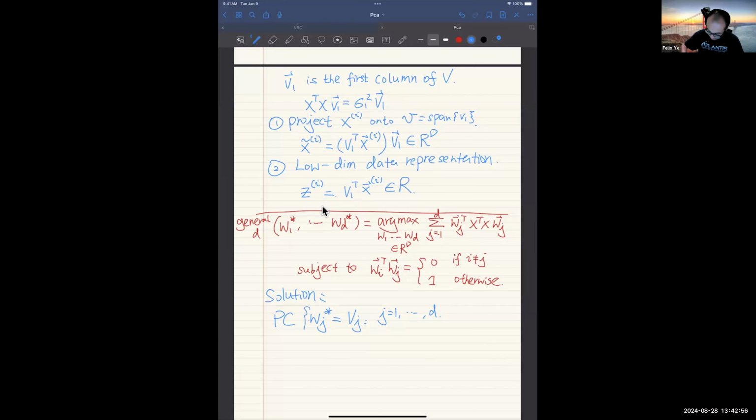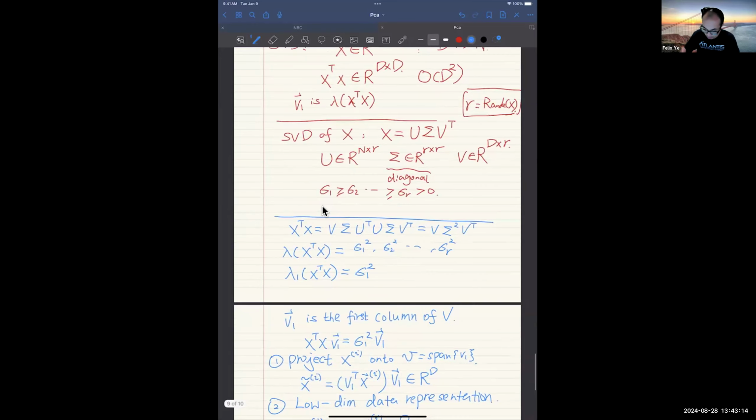It's basically the first d columns of V. I want to remind you this V matrix is nothing but from the singular value decomposition of X. This V is called, what is that called?